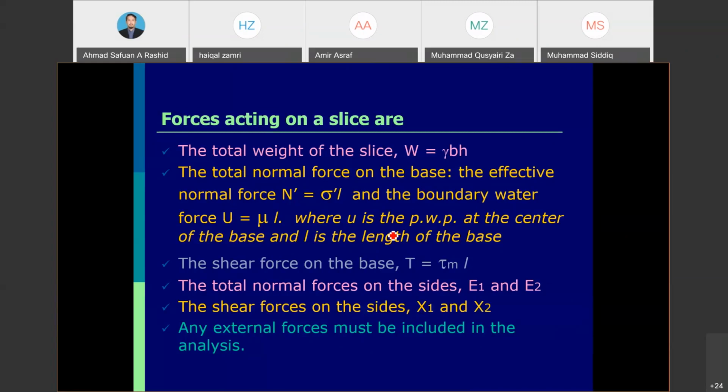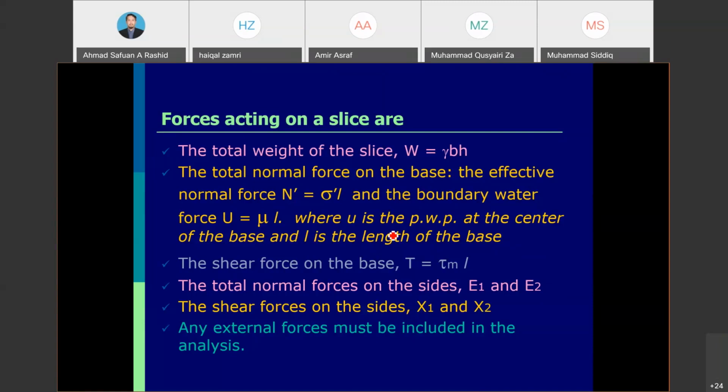The shear force on the base, which is tau, the total normal forces on the sides E1, E2, and the shear forces on the sides X1, X2. However, we will not determine E1, E2, X1, X2, because this assumption has been made by the previous researchers, and then they come up with the equation.